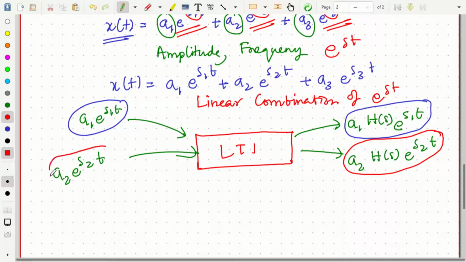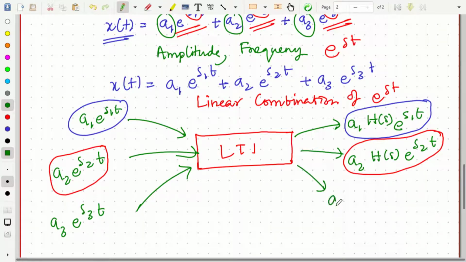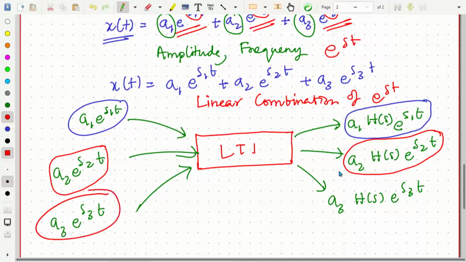Now if I give a3 e power s3t into the input, I will get a3 h of s into e power s3t in the output, right? So this is because of the linearity property, linear time invariant system.